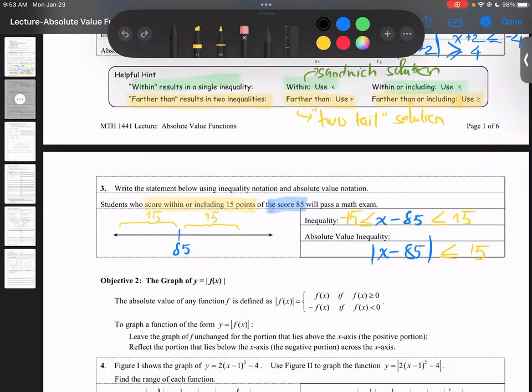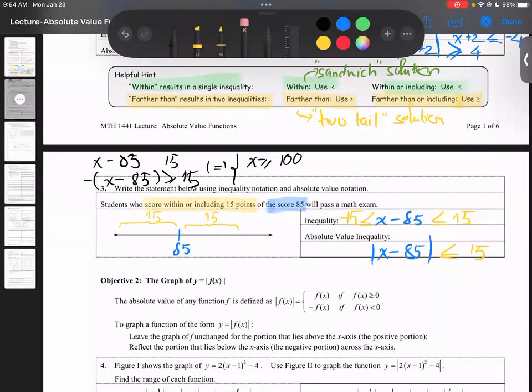Don't write this down. x minus 85 is greater than or equal to 15, and negative x minus 85, don't forget the parentheses, greater than or equal to 15. Let's solve for this. If you add 85 to both sides, x greater than or equal to 100. I'm sorry, less than.